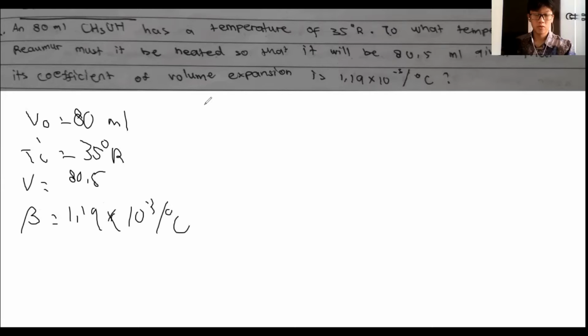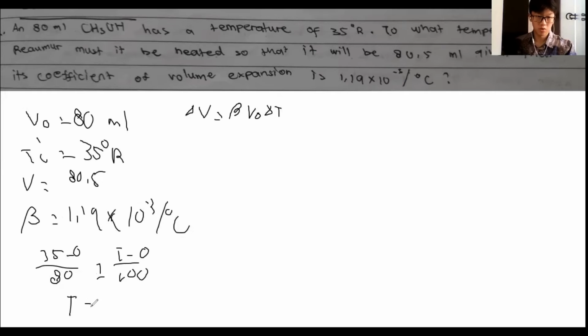So if you remember, the formula for volume expansion is delta V is equal to beta times initial volume times delta T. So here, since it is in degree Reaumur, we have to convert this into Celsius. So this is same as 44 degrees Celsius.